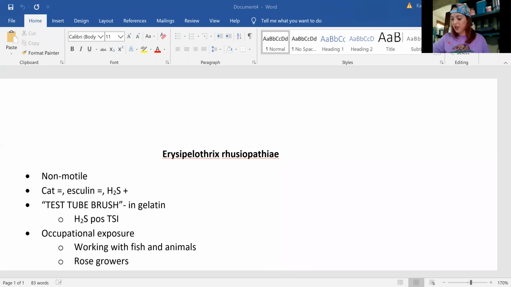Okay, so Gardnerella vaginalis, page 356 and 147. What's your big clinical infection?